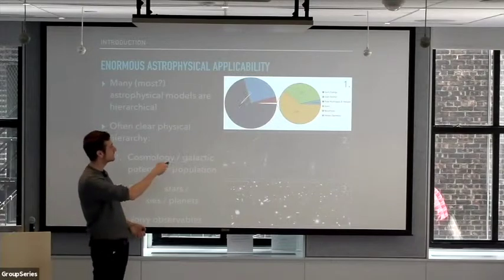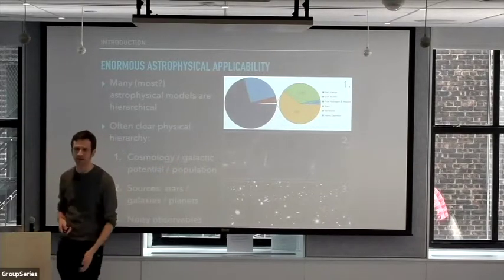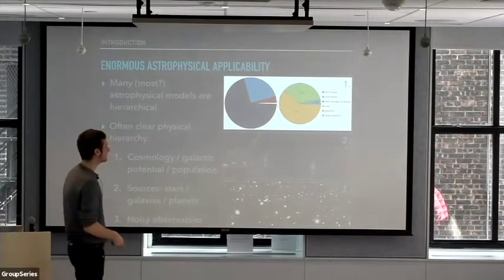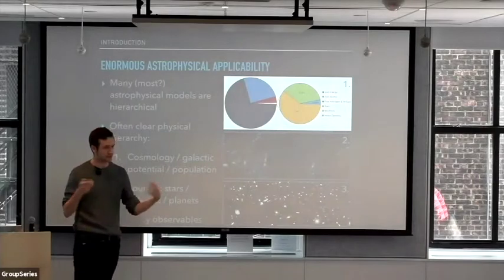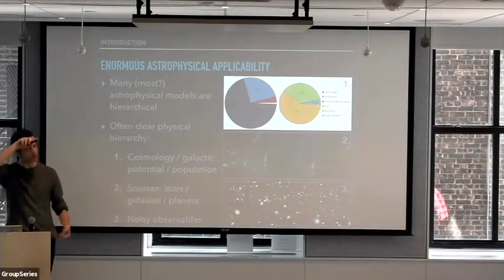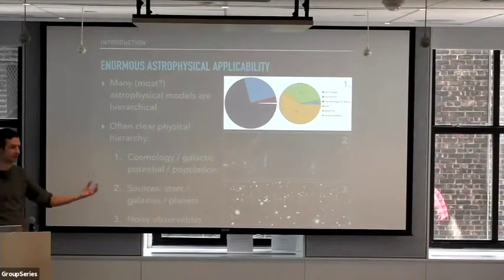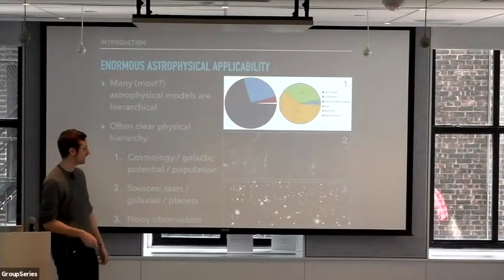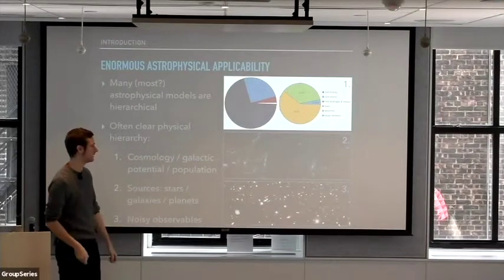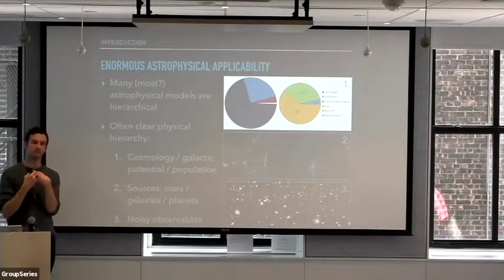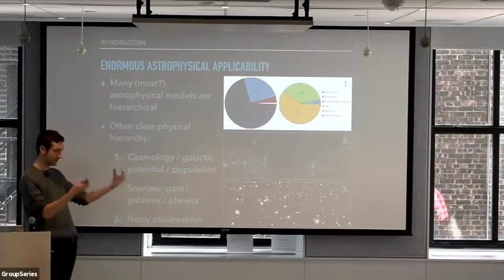You start with some parameters that describe the universe, like how much dark energy, dark matter, stuff like that. These are the things that, as cosmologists, you really care about. But what do they actually do? They give you a universe that's populated with stuff: galaxies, clusters of galaxies, true objects that are actually in the universe that have some parameters that describe them. But obviously you can't directly observe those parameters.